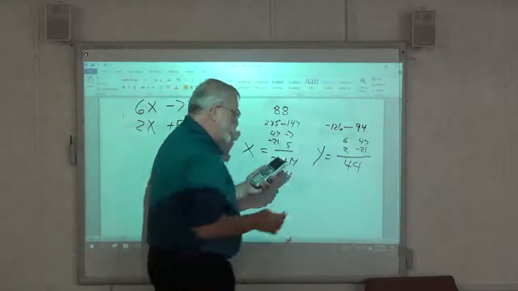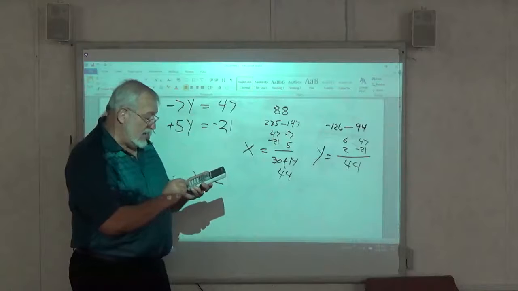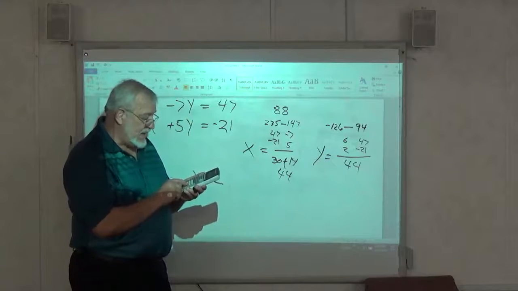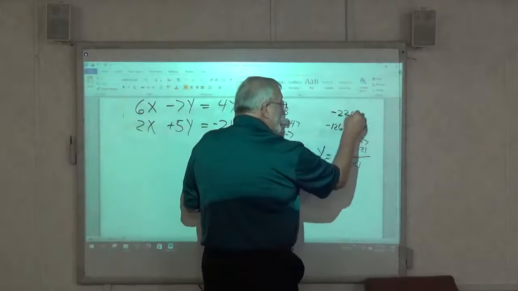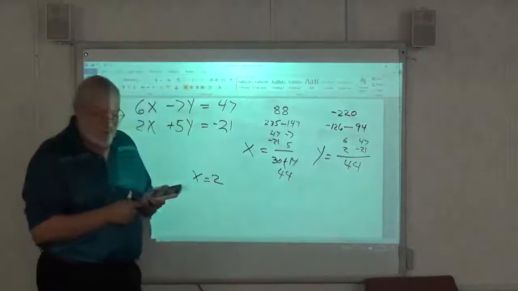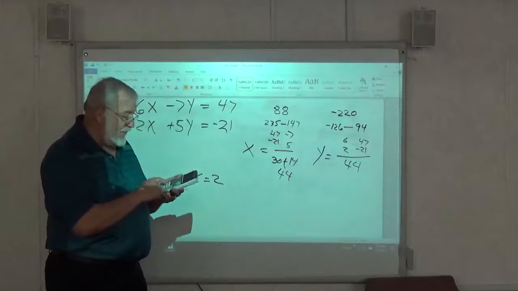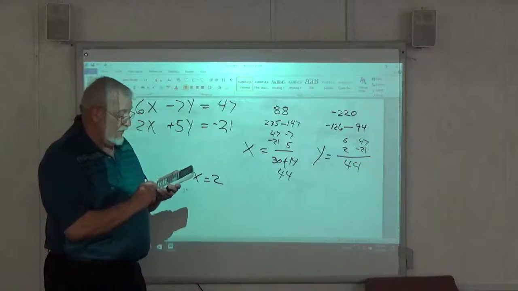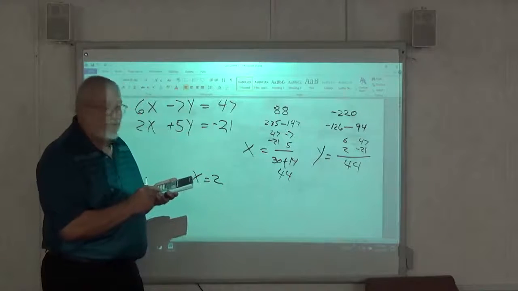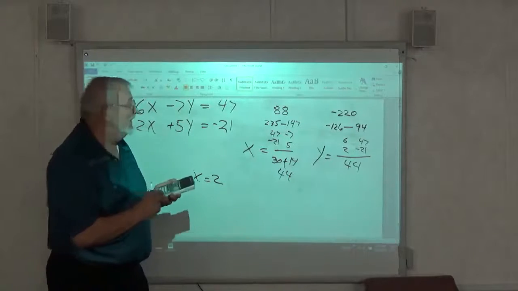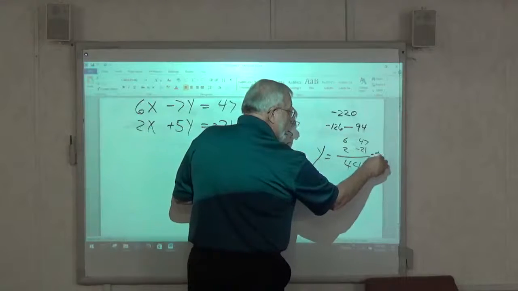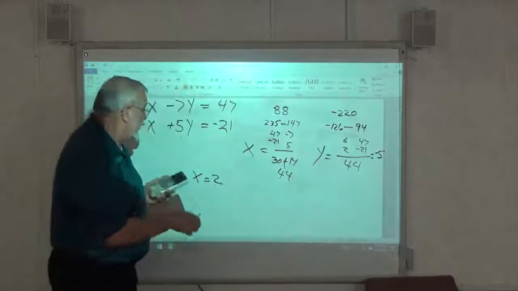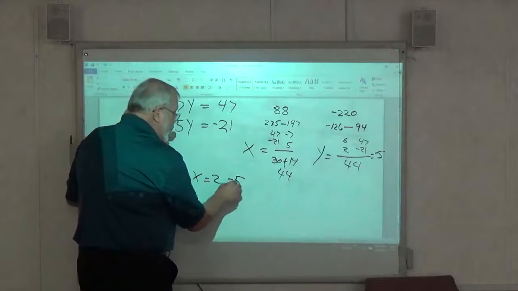Anybody get that? All right, so now I have negative 126 minus 94, and that's negative 220. 220 over 44, and I know what the answer is. The answer is 5. So y is equal to negative 5.